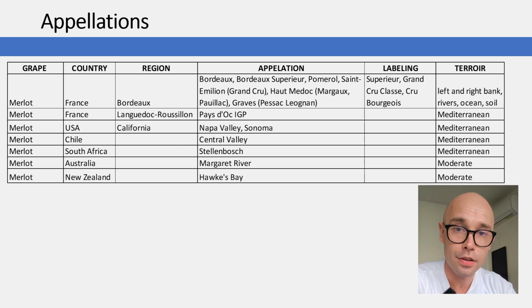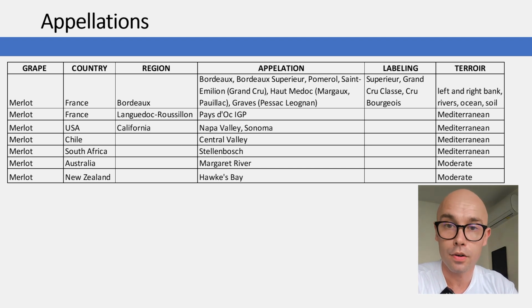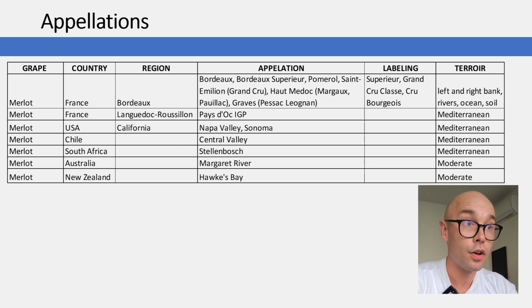Right bank is always more Merlot dominated, whereas on the left bank there is still Merlot, but Cabernet is a more important factor. Pomerol and Saint-Émilion Grand Cru are on the right.